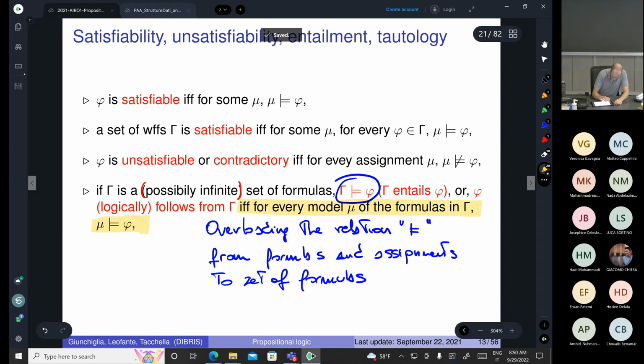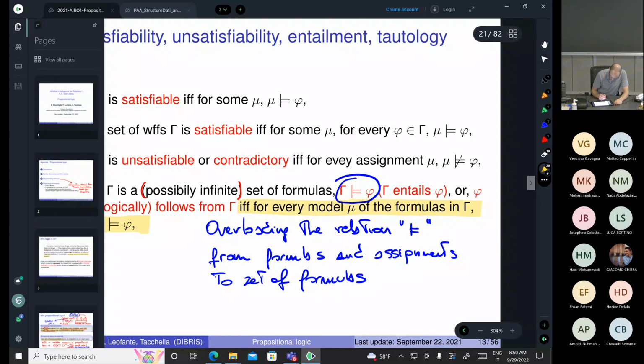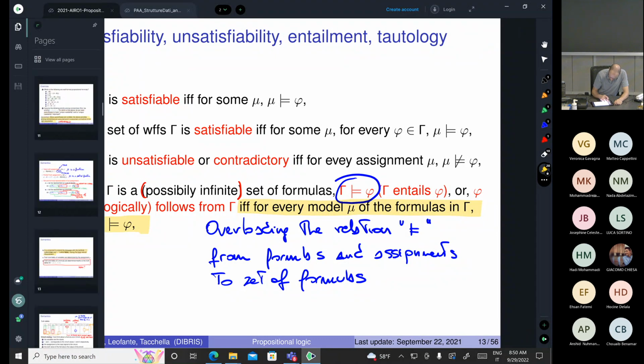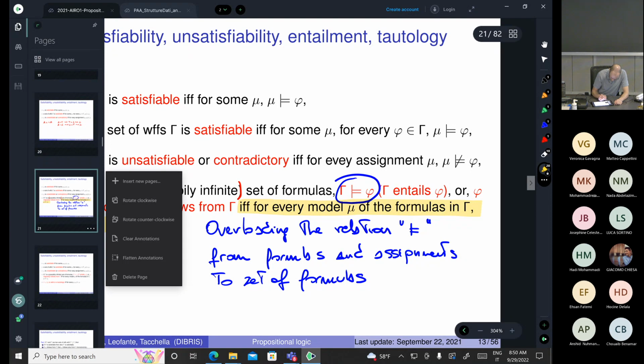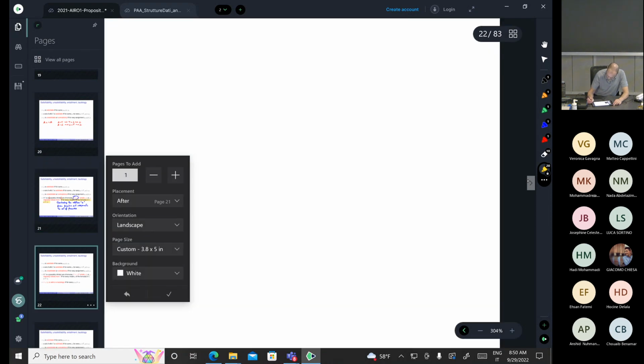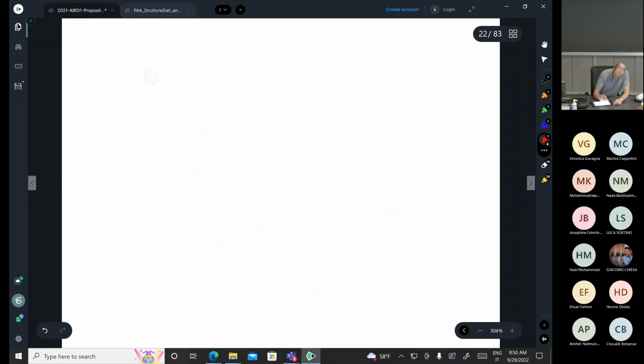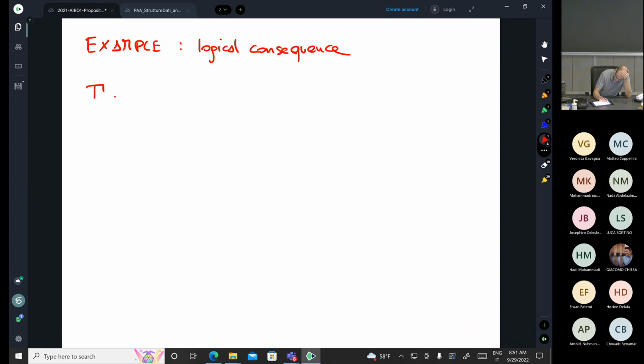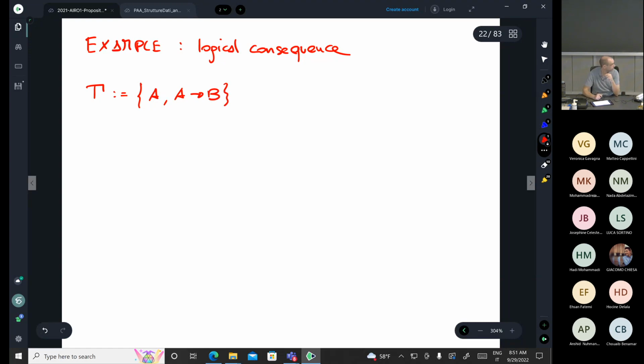Let's make a very simple example of this. Let's say that gamma is defined as A, and A implies B. And phi is B. Very, very simple.